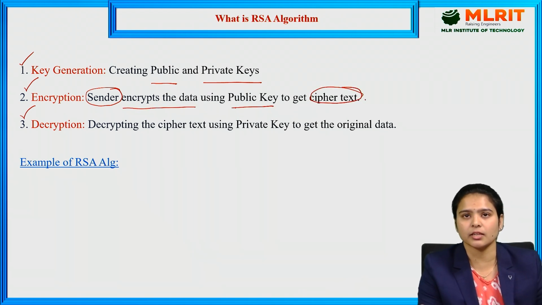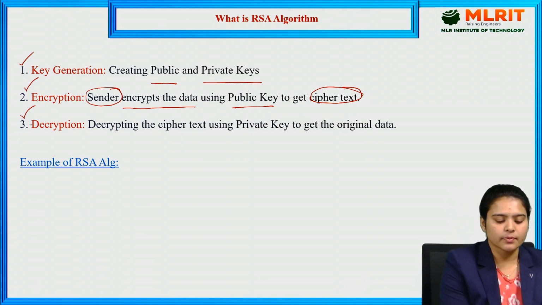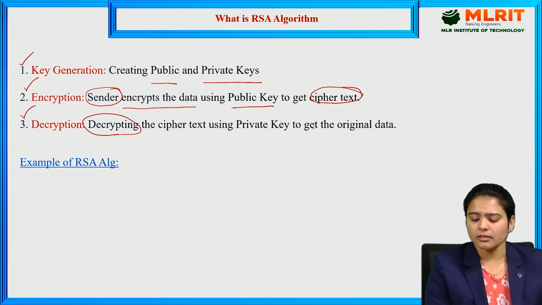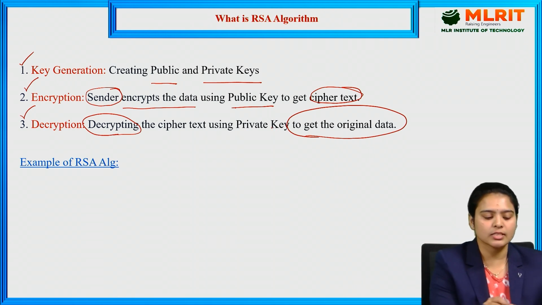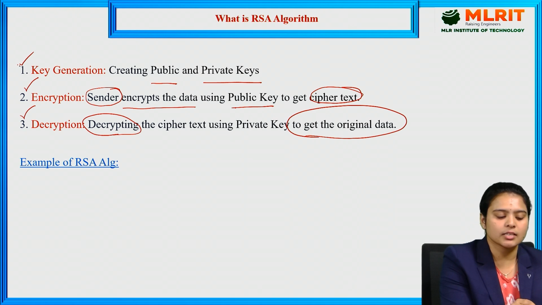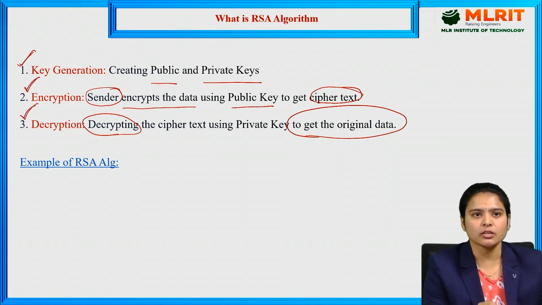Ciphertext is the conversion of the original plain text. The next one is decryption, which is getting the original data back using the private key. So these are the three processes we mainly use in the RSA algorithm: key generation, encryption and decryption.